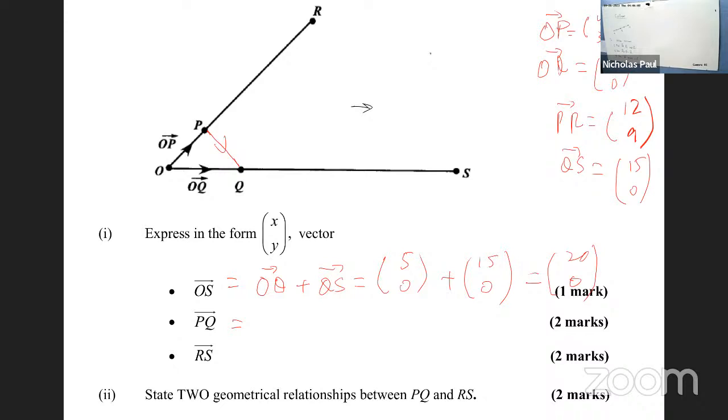So P to Q will be P to O plus O to Q. P to O is what?